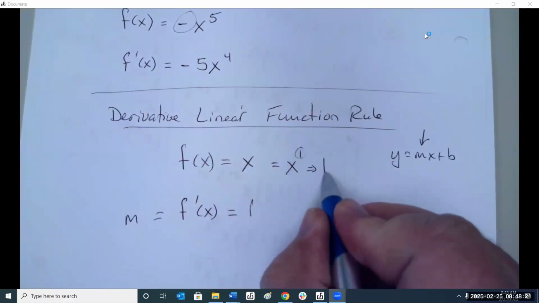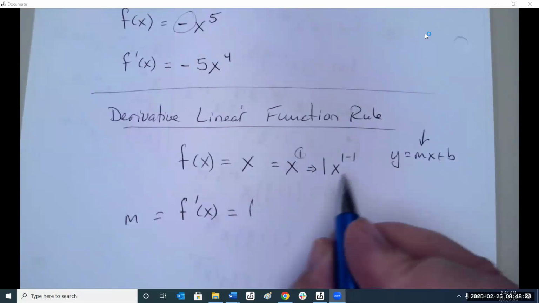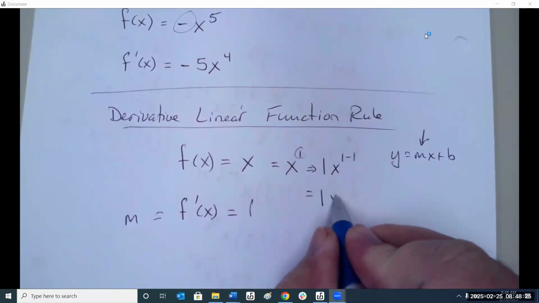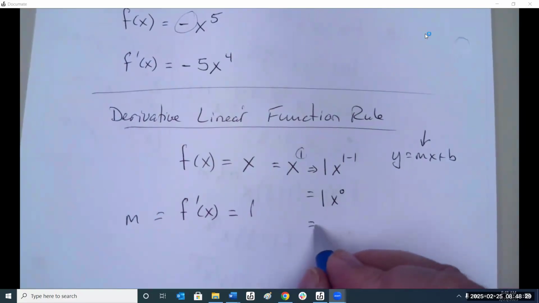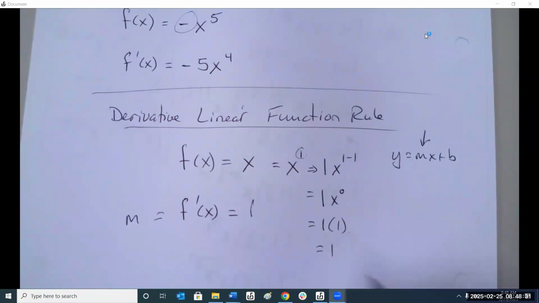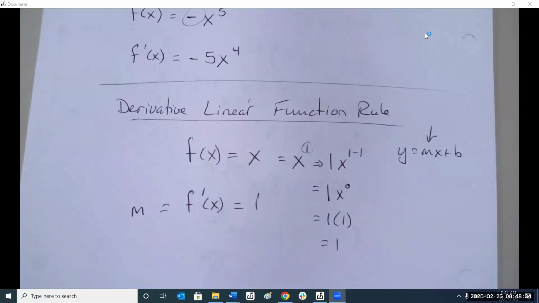Bring the 1 down, and the power is 1 minus 1. What is x to the 0 power? 1. Again, you have to be able to connect everything we've done since day 1. You have to be able to connect it all.